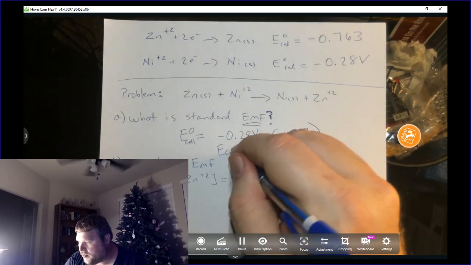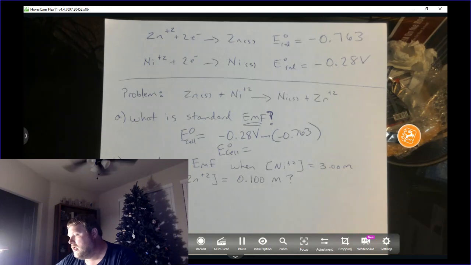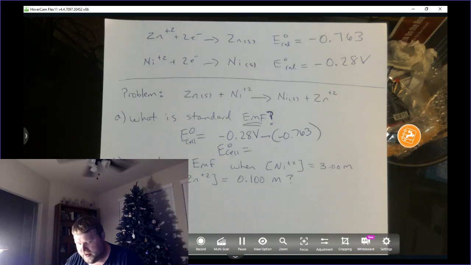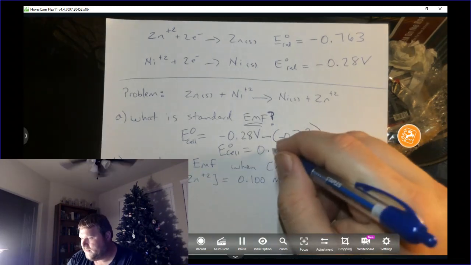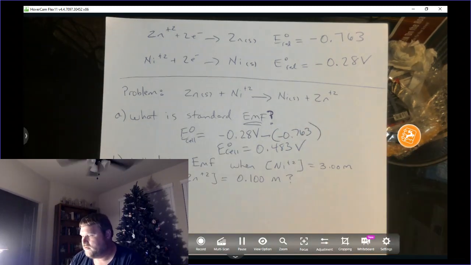I did not pre-calculate this, so let me grab the calculator. Negative 0.28 minus negative 0.763. All right, so this is 0.483 volts.